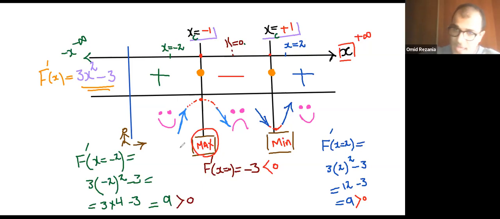Any questions? I hope anytime you feel that you need to see what kind of story I followed to say why this is going to be the maximum, why this is going to be the minimum, always look at the story which I told you. You can have functions with 5, 10, or 9 critical points, and that's the strategy to find which of your critical points is going to be the maximum, which is going to be the minimum.